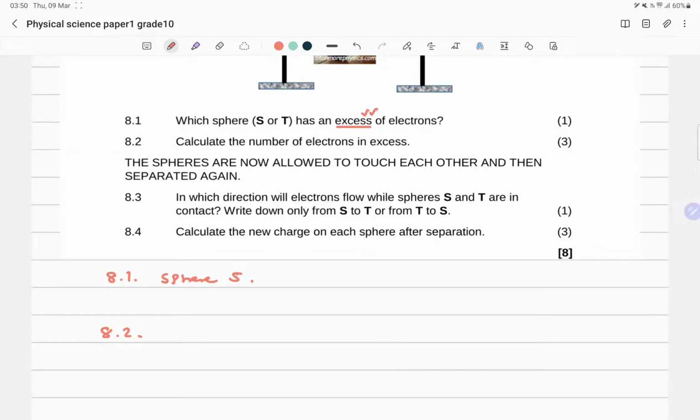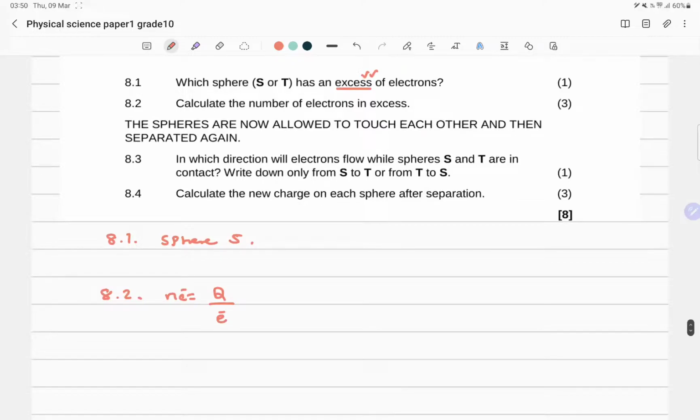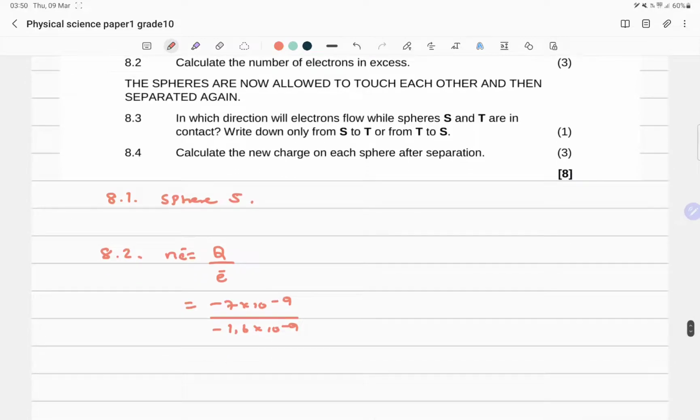8.2. Calculate the number of excess electrons. So we know that number of electrons is equal to the charge over the elementary charge. Now the charge is minus 7 times 10 to the minus 9 over minus 1,6 times 10 to the minus 19. You have this constant in your data sheet, so do not panic.